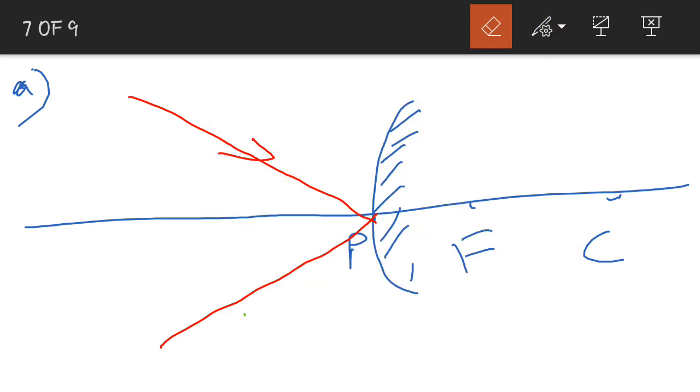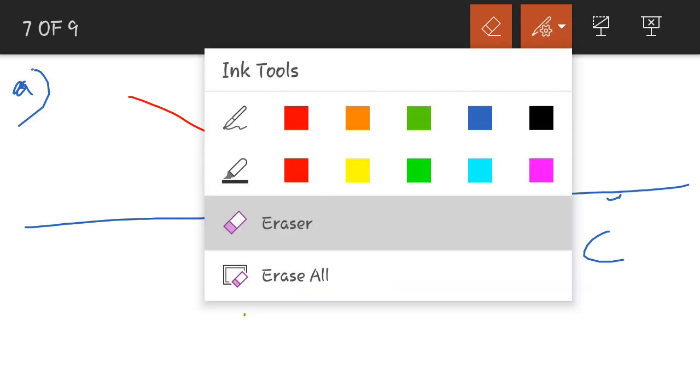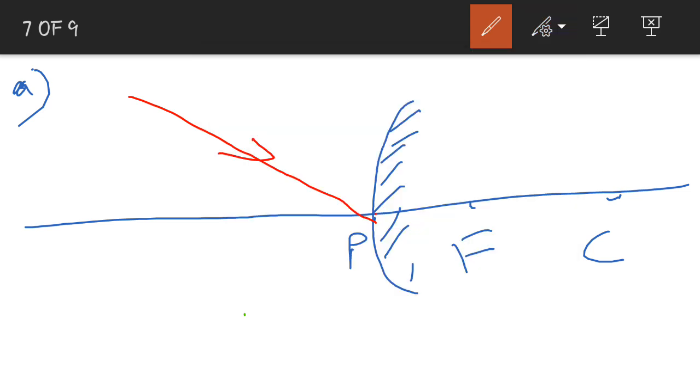It should be equal. So this angle of incidence is equal to the angle of reflection. Clear? This is how you have to show it. This is I and this is R.